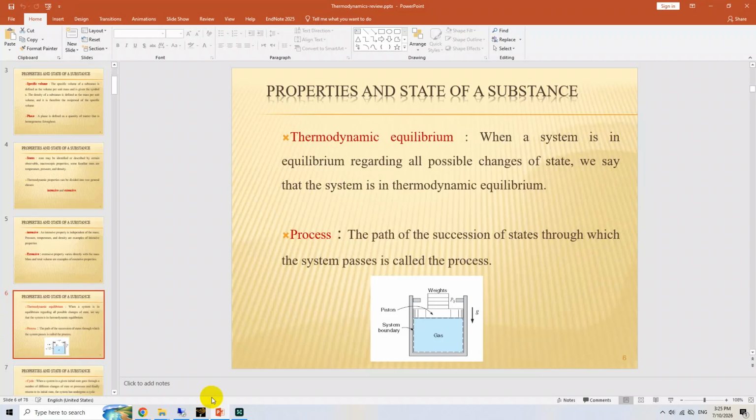The other definition is thermodynamic equilibrium. When we talk about equilibrium, it means that all the states of the matter are the same throughout the control mass or control volume. For example, when the system is in equilibrium with respect to temperature, it means that in all the system the temperature is equal, or the pressure.